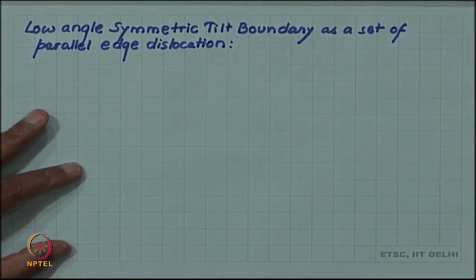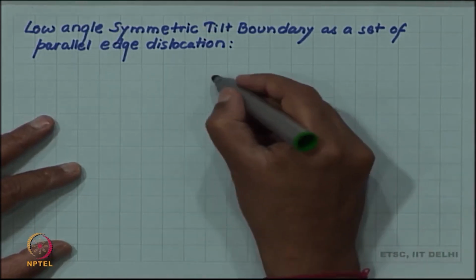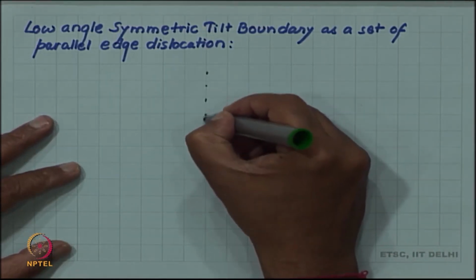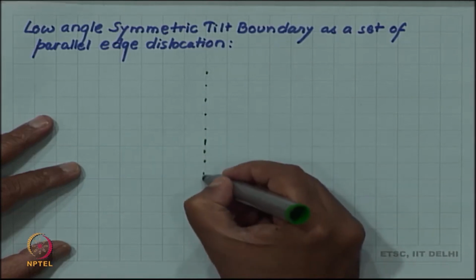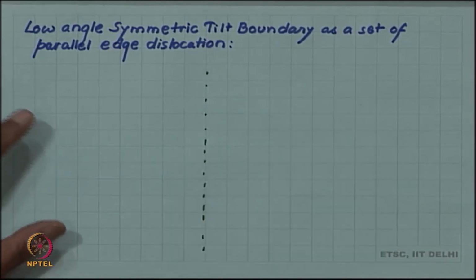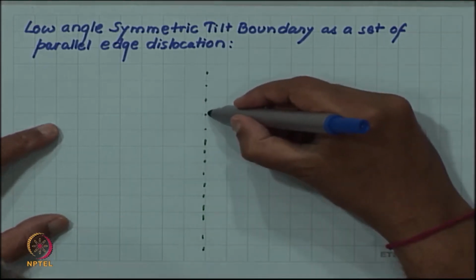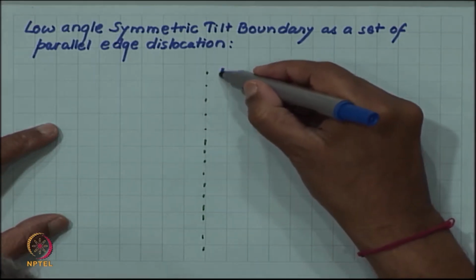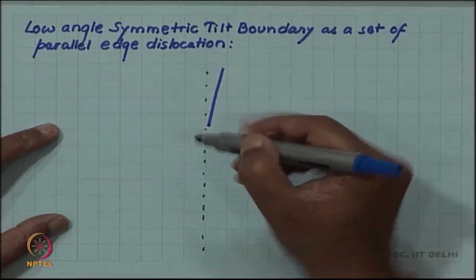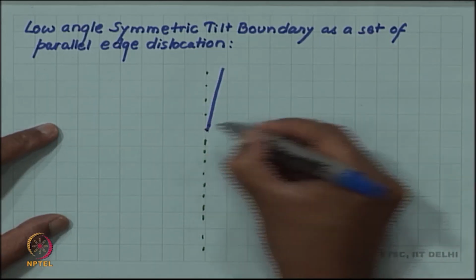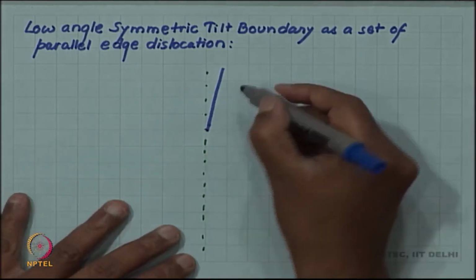I will try to draw what we saw in the model. So, we had a vertical boundary plane dividing two sides of a crystal, and the crystal planes were ending at the boundary.